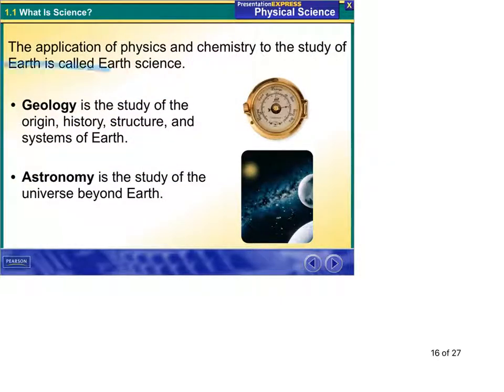Earth and space science, we will also look at a little of that during this course. Geology is the study of the origin, history, structures, and systems of the Earth. Astronomy is the study of the universe beyond the Earth.